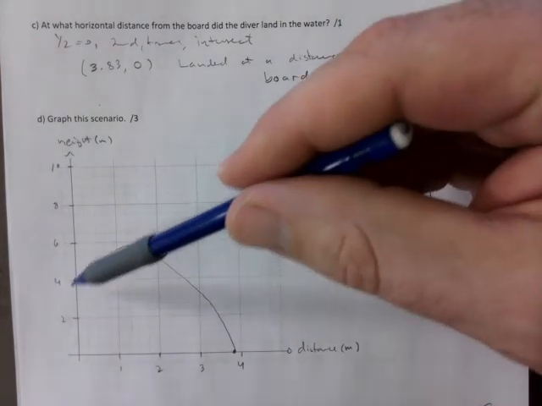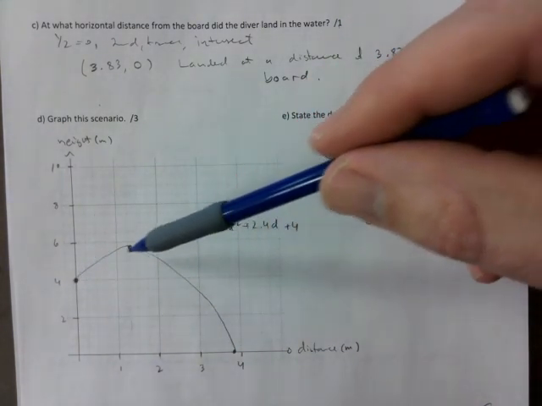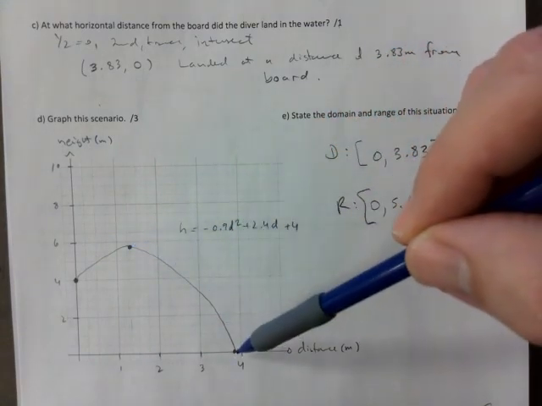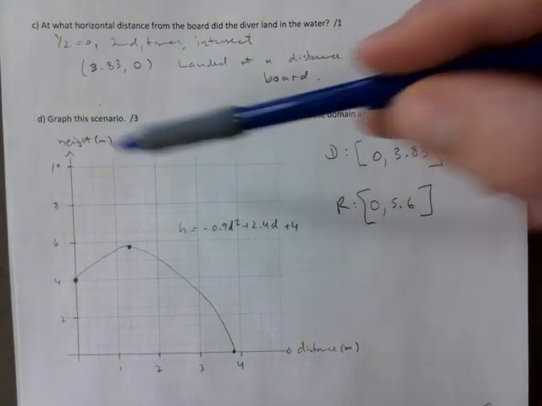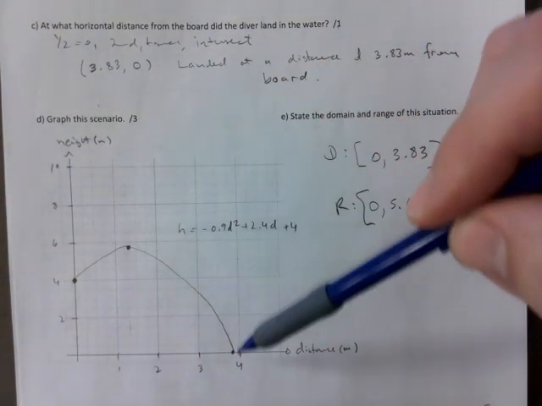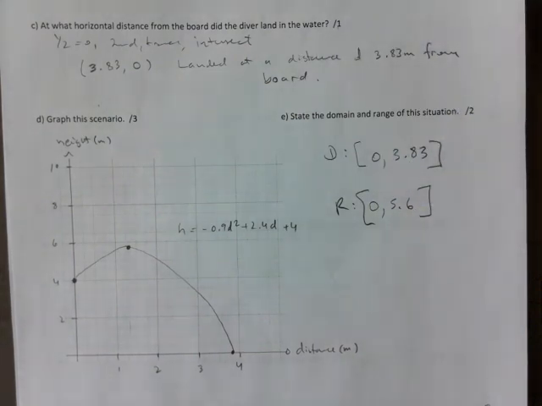Now that you have everything, you can graph the scenario, right? You start at a height of 4, reach a maximum height, and then you land at 3.83. Distance in meters, height in meters, equation, scale, all that. And then your domain and range both start at 0 because you do hit the ground.